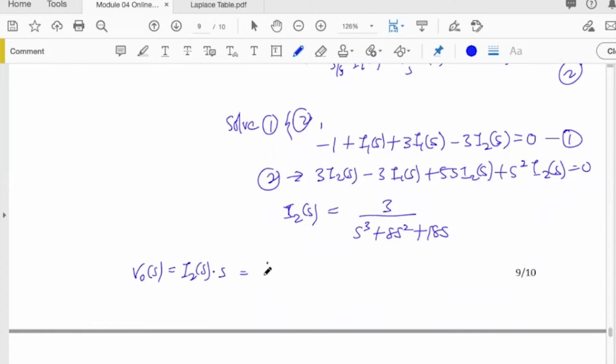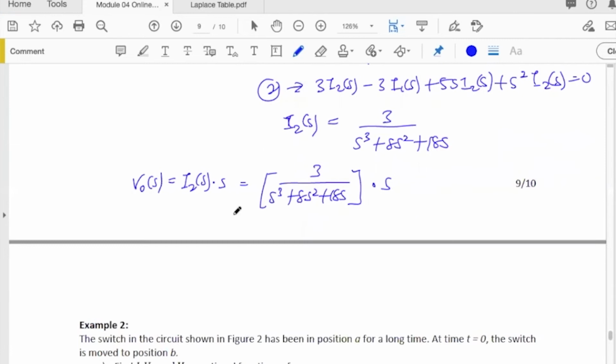So we got 3 divided by s to the power of 3 plus 8s squared plus 18s, multiplied by s. This will be equal to 3 divided by s squared plus 8s plus 18.